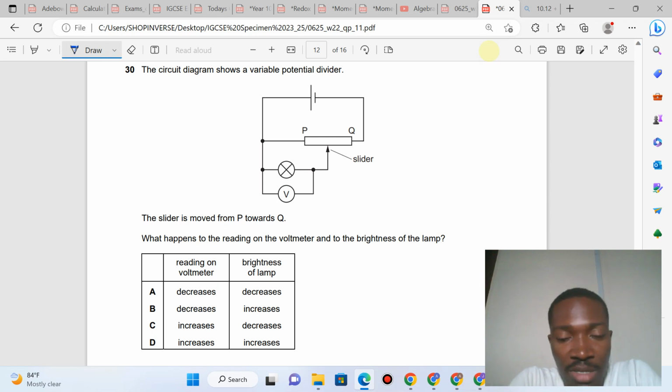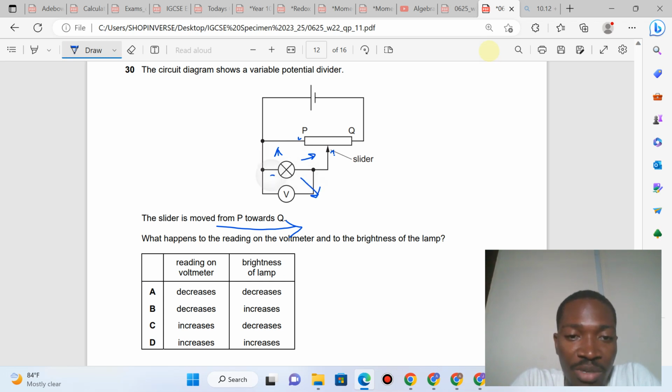When you are sliding from P towards Q, you are increasing the voltage between P and Q. And increasing this voltage will make this lamp shine brighter.